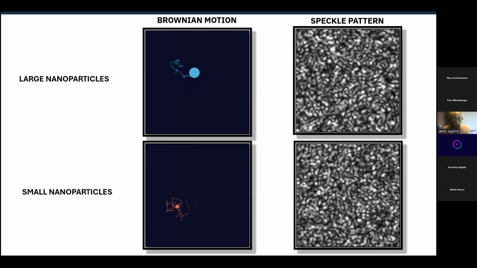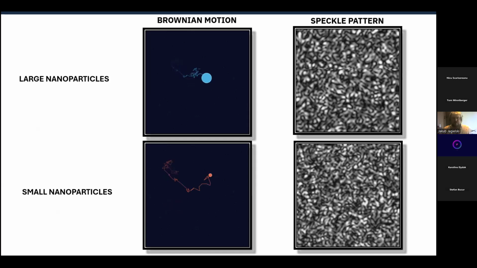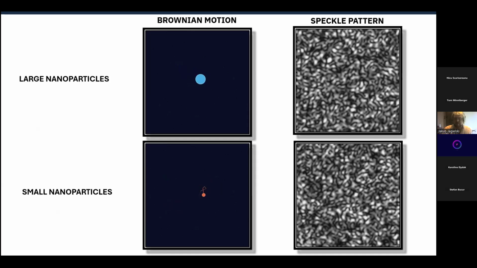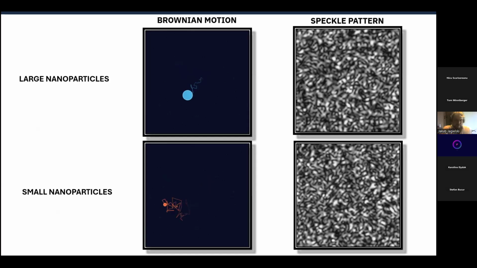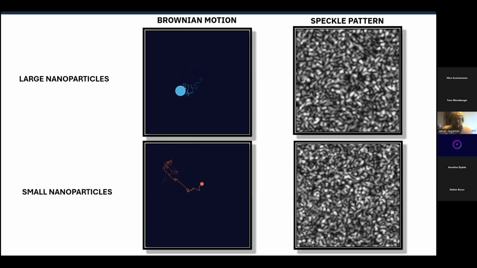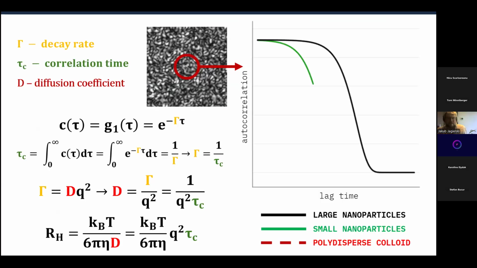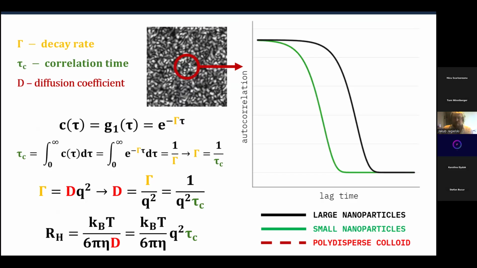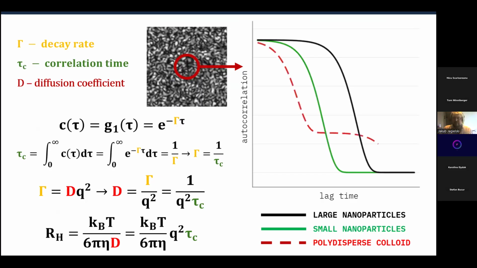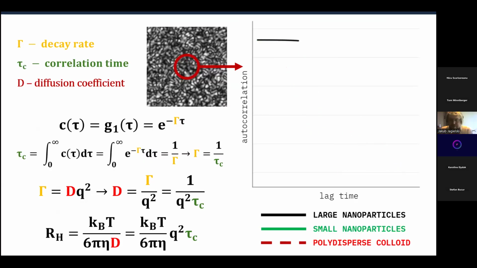Quantifying the intensity fluctuations yields the translational diffusion coefficient, and through the Stokes-Einstein equation, we can obtain the hydrodynamic radius. I'm aware it can look a little bit intimidating, but I just wanted to walk you through how we get from the speckle fluctuations to the particle size.